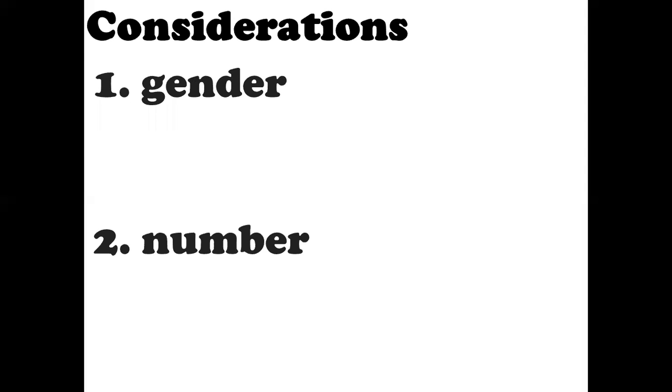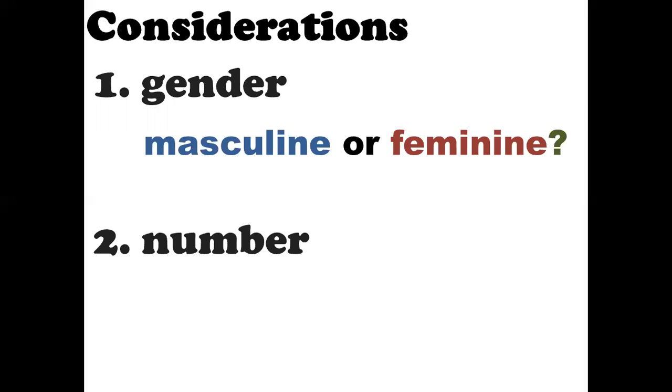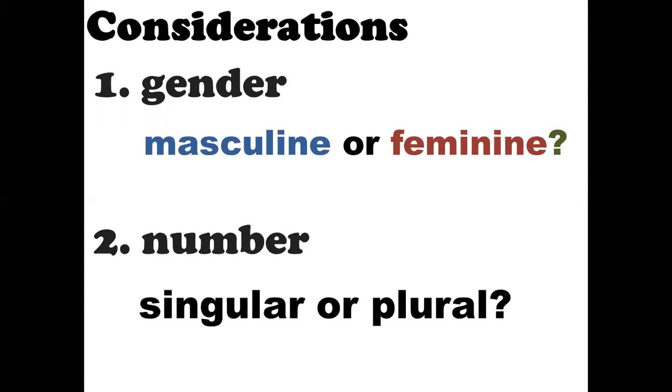So, what are the considerations? What do you need to consider when you're thinking about Spanish nouns? Masculine or feminine? Is it masculine or feminine? And is it singular or plural? Though these concepts are obviously related to the ones that we talked about with regard to the verbs, this is clearly different.